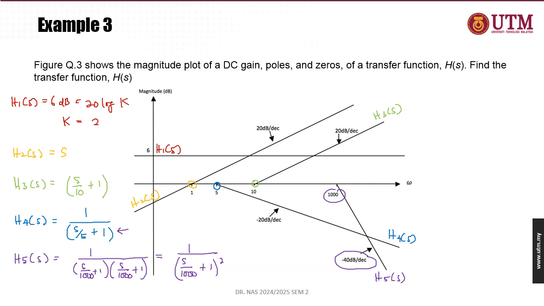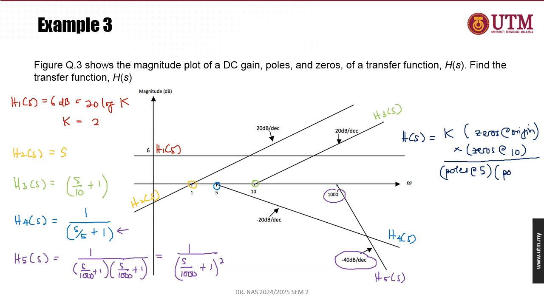So in this case, H(s) equal to the constant K multiplied with zeros at origin, and then also multiplied with zeros at 10, divided by poles at 5, and you also have poles at 1000, poles at 1k to the power of 2.